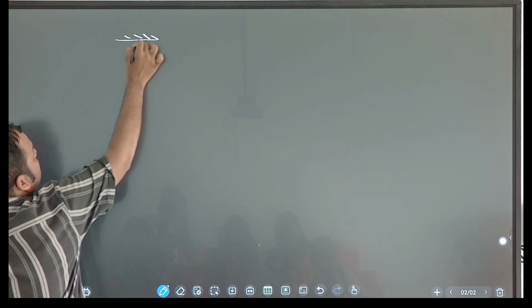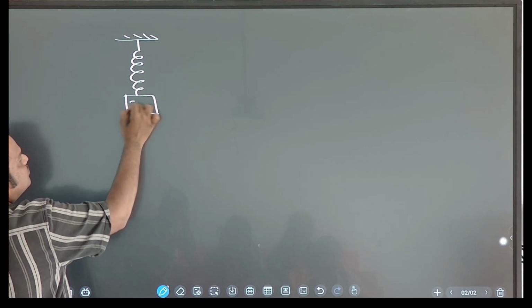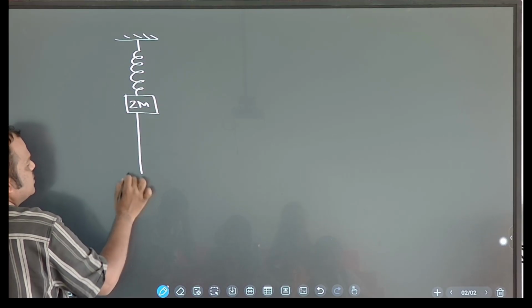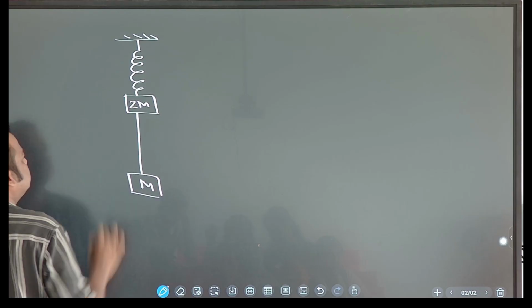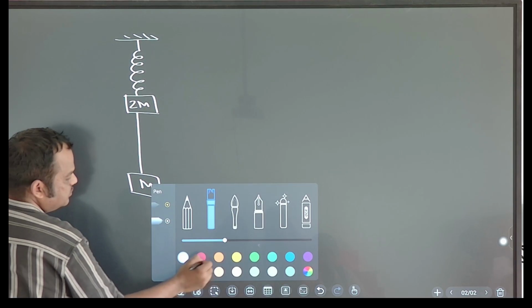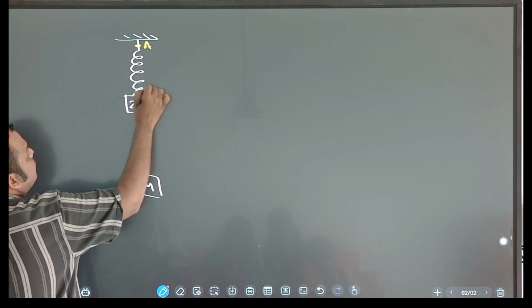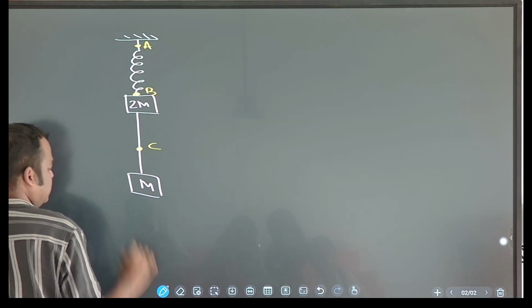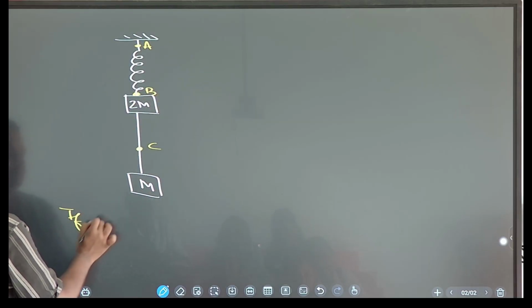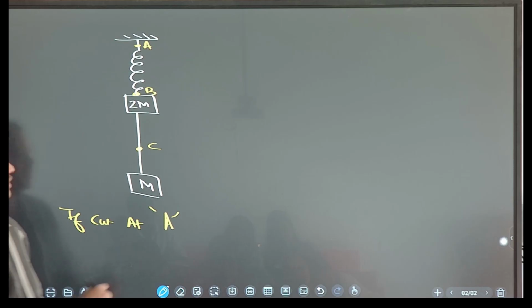See, this is the question now. Spring, what is the mass here? 2m. What is the mass here? M. Okay. So 3 points are there. A, B, C. If cut at point A, what happens?